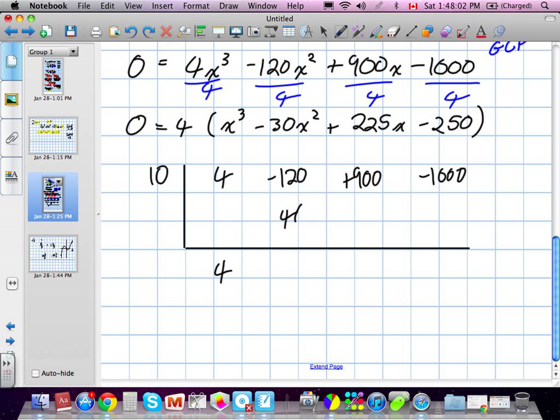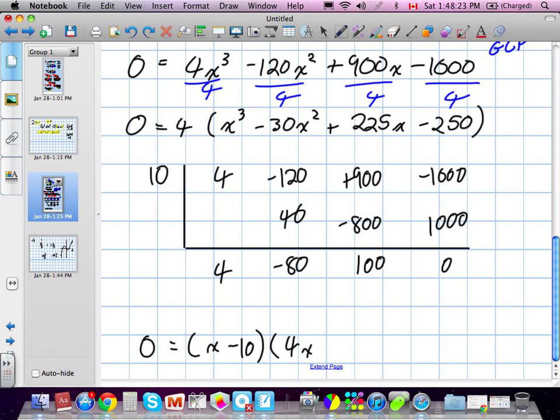We have 4, which is 40, negative 80, negative 800, 100, positive 1000, 0. So our new coefficients are x is equal to x minus 10 times 4x squared minus 80x plus 100.